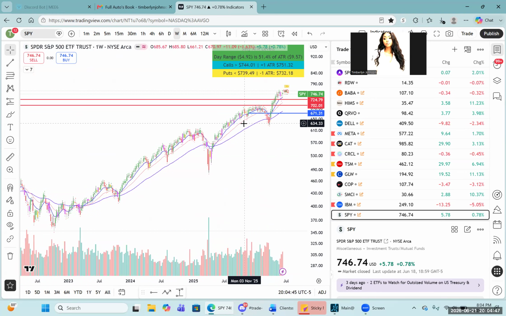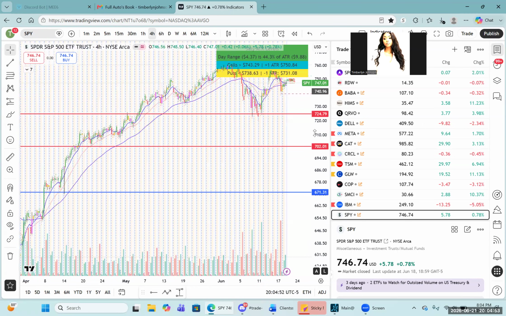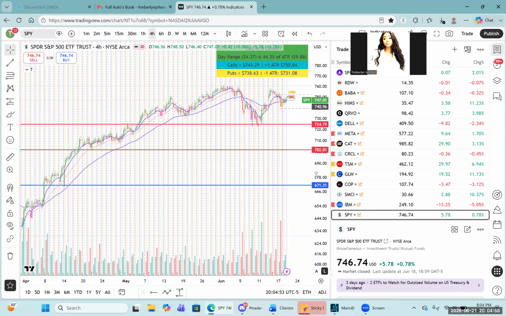So that's the number one thing that I want you guys to always remember. Price does have memory. If we bounce from an area, we're probably going to retest it again. If we reject from an area, we're going to go retest it again and try to see if we can break through that ceiling or if we're going to go back down to the prior support level.